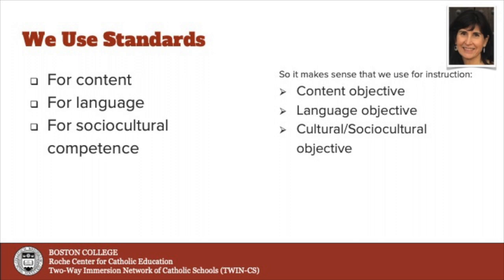Some states default to the ELA standards, but there have to be some specifications. And finally, there are standards for sociocultural competence. Some schools adopt the standards for social justice, others adopt standards for cultural competence, and we will talk more about that at a later time.